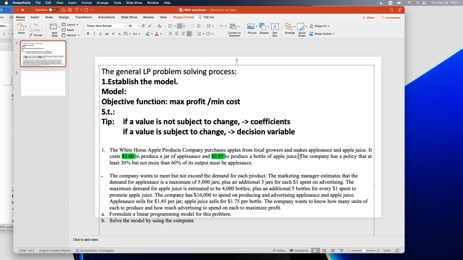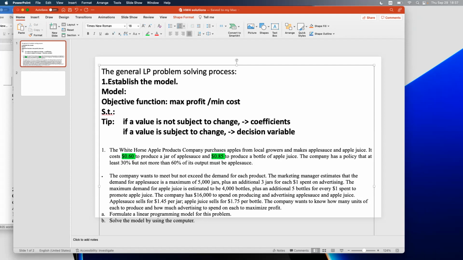Okay, continue reading. The company has a policy that at least 30%, but not more than 60% of its output must be applesauce. When you see a boundary, like an upper limit, a lower limit, or some interval, you should think about whether it could be a constraint.